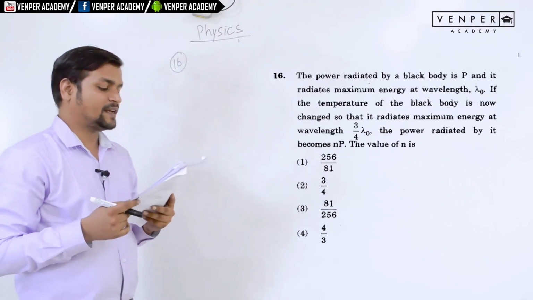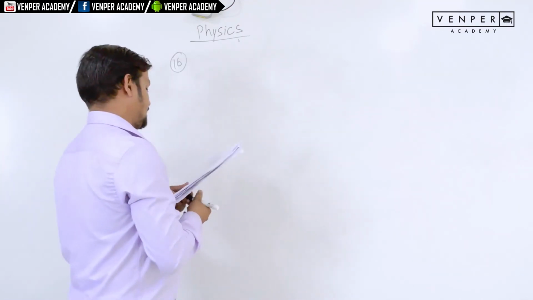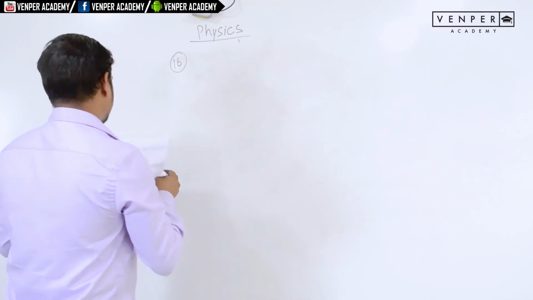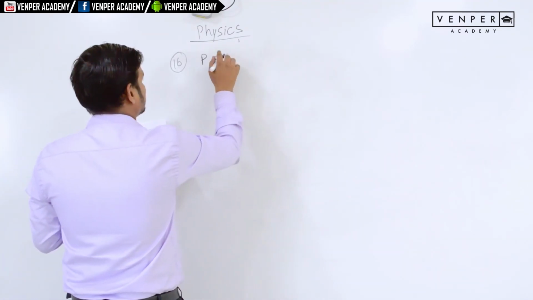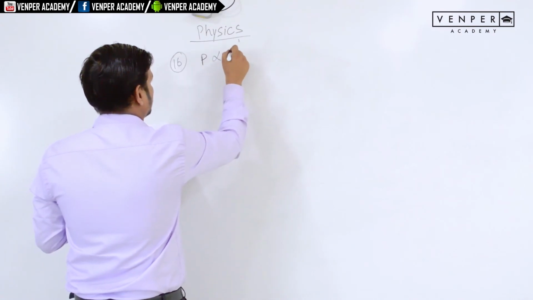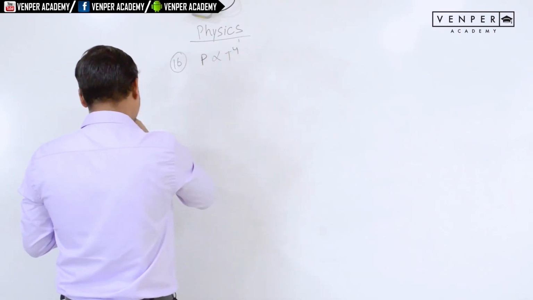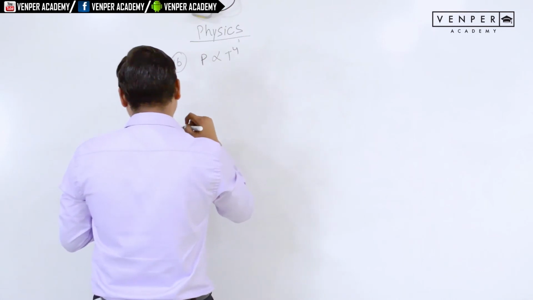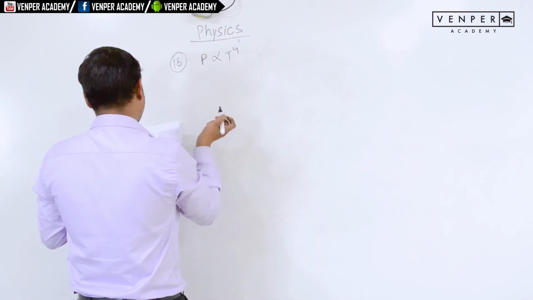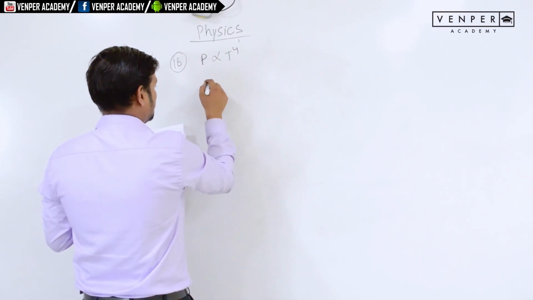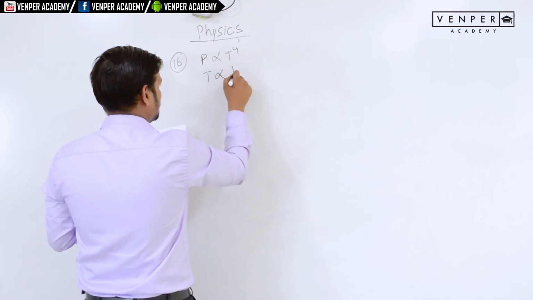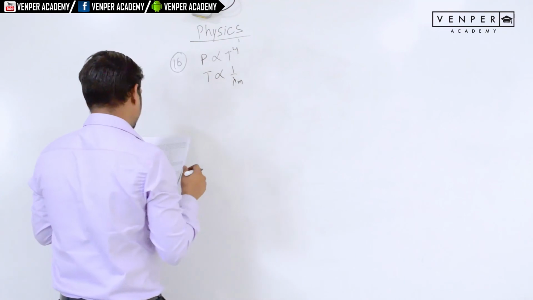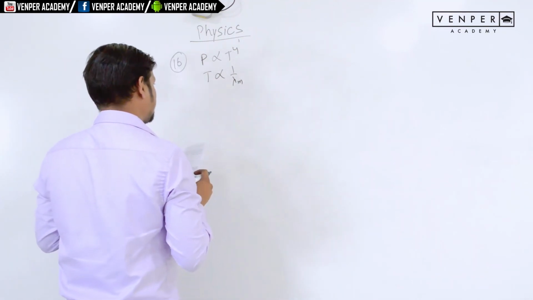The value of N is, okay, just here we know that power is directly proportional to T raised to power 4, clear. And from Wien's displacement law, we can say that T is inversely proportional to lambda m, that maximum wavelength, clear.